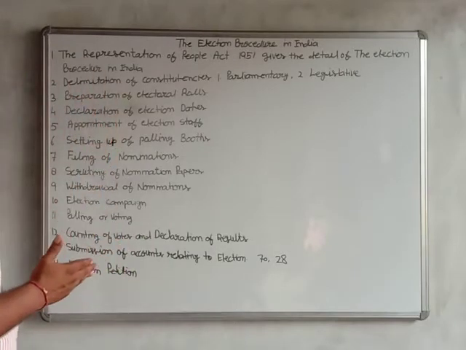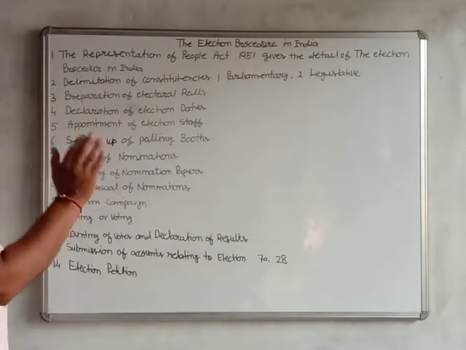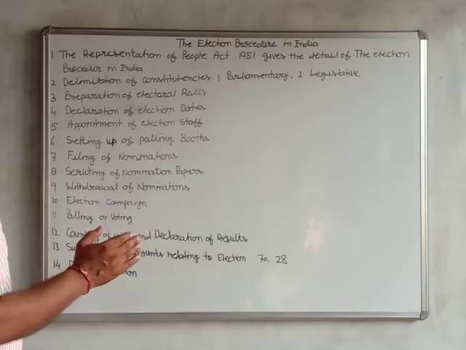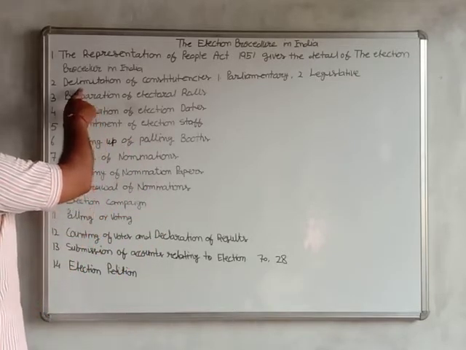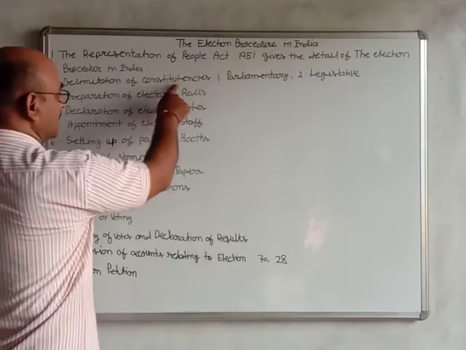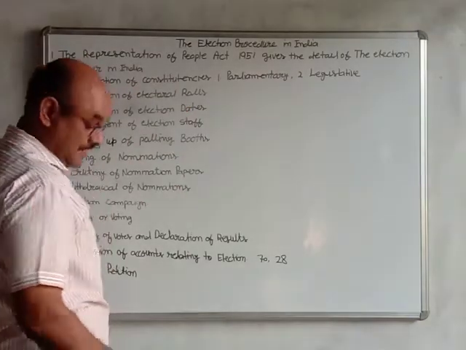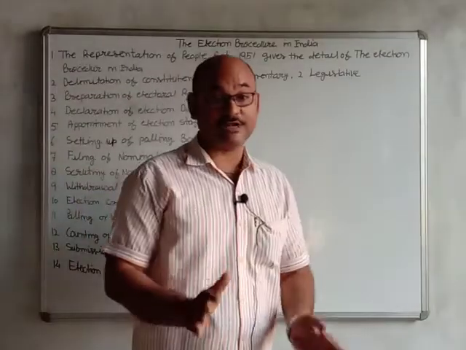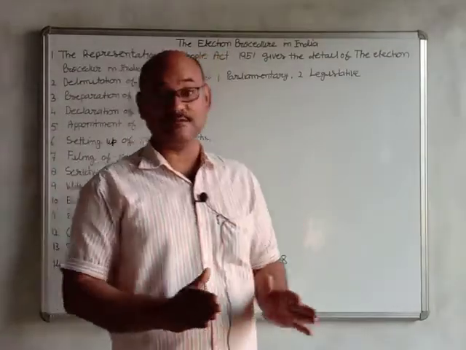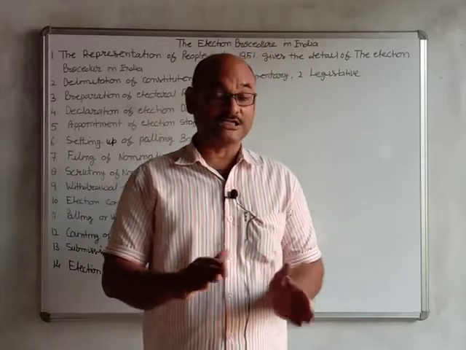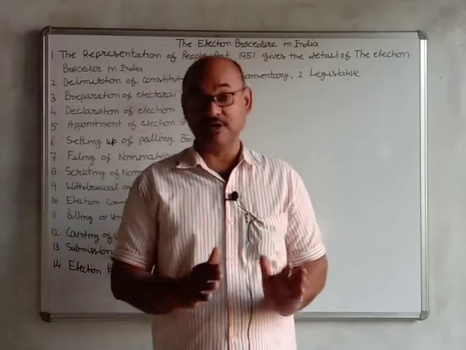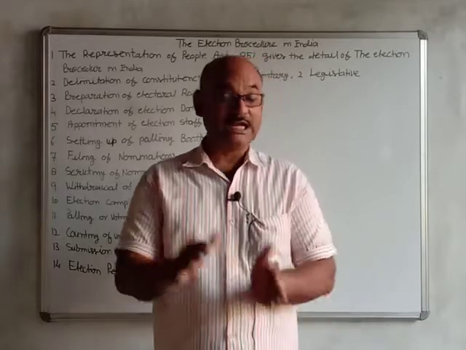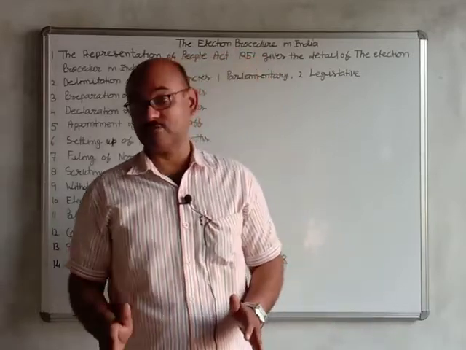According to this act, the first step of the election procedure, number one, is the delineation of the constituencies. The Election Commission has the responsibility, with the help of the local administration, to decide how many constituencies there will be in the election for the parliamentary constituency and the legislative constituency.